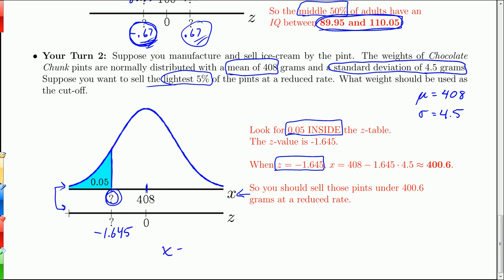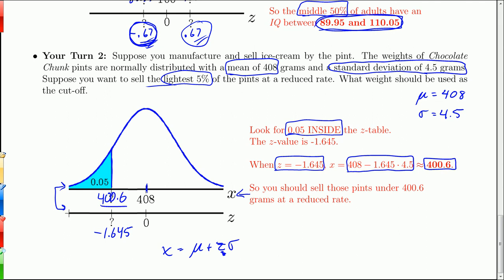Or according to our formula, x equals mu plus z times sigma, but z in this case is negative, so we can just write mu minus 1.645 times sigma. And we get 400.6.